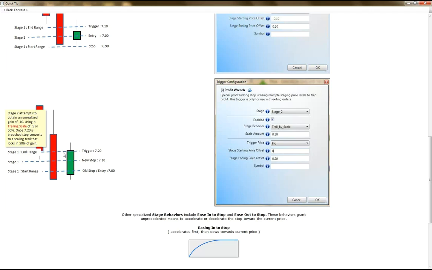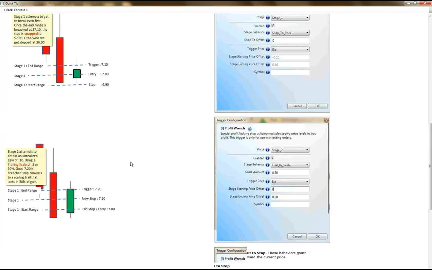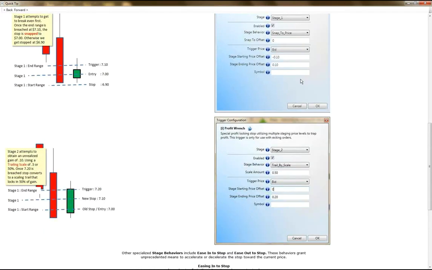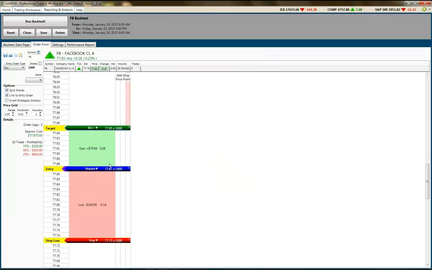Another may be to sell half or a certain percentage into profit and let the rest run. And so you can do those sorts of things, but you need a tool to do it, and that's what this thing does. Being able to set up stages and the behavior per each one of those stages. So that's a very powerful thing we have there, and our customers get to take advantage of it.